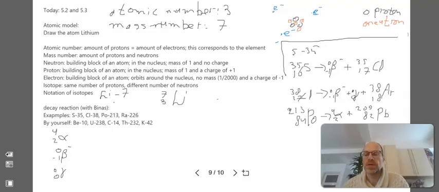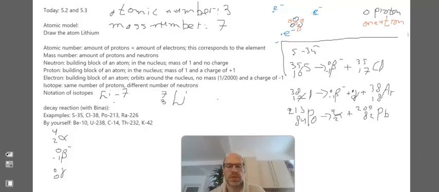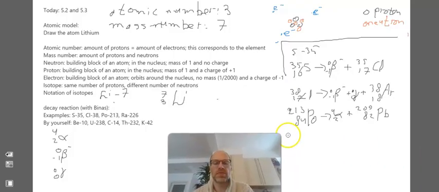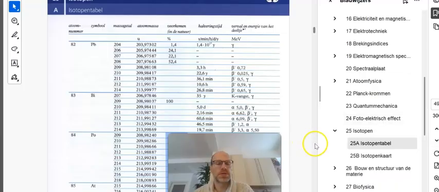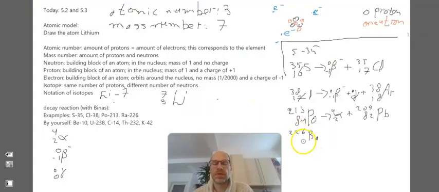Okay, and then the last example, I'm going to put me a bit to the side, so kind of right over here. And that is Ra226. So we need to search for 226 Ra in the BINAS. Where are you? There you are. So Ra is 88 and 226 is alpha and gamma. Gamma can be there with the other one.